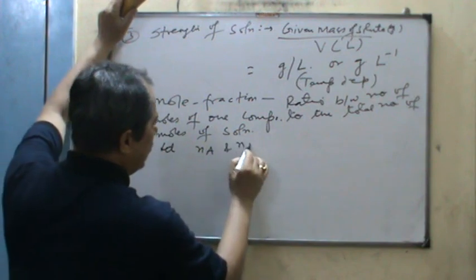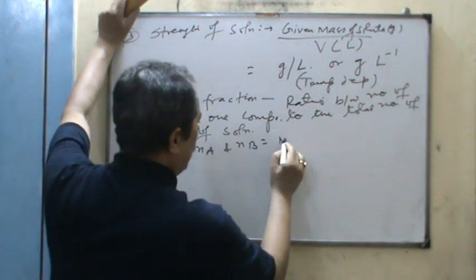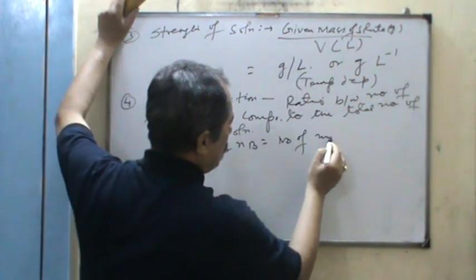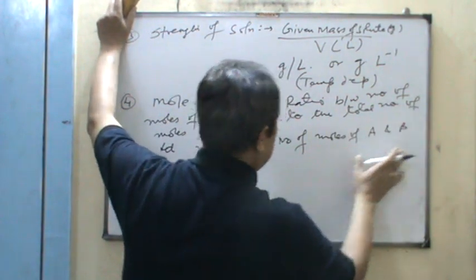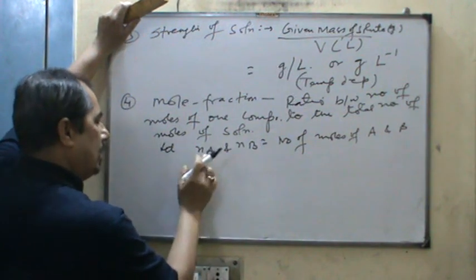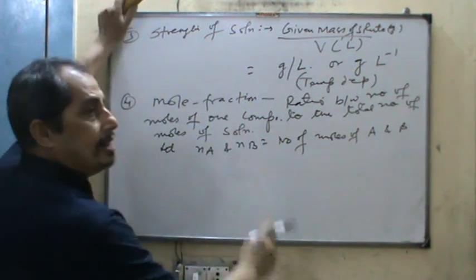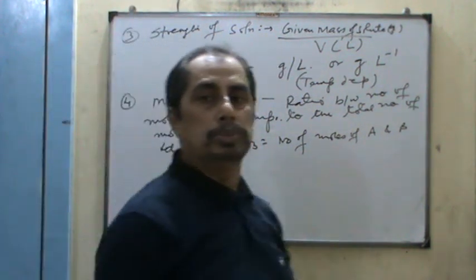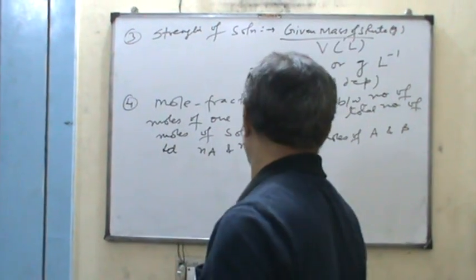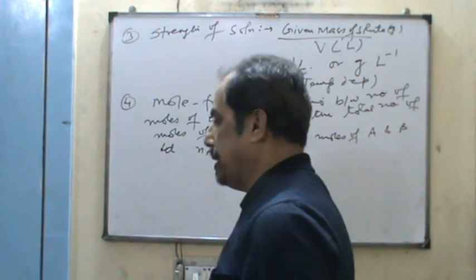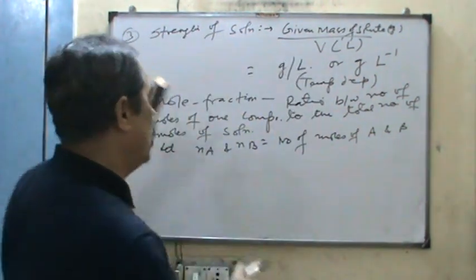Let Na and Nb be the number of moles of A and B. Let A be the solute and B the solvent. Na is the number of moles of solute A and Nb is the number of moles of solvent B. My dear students, what is the total number of moles?